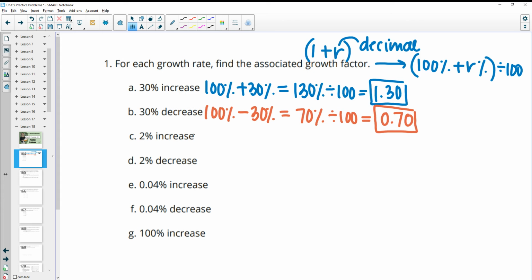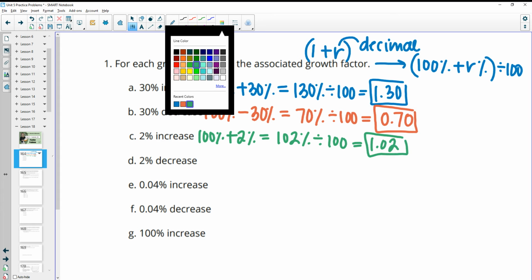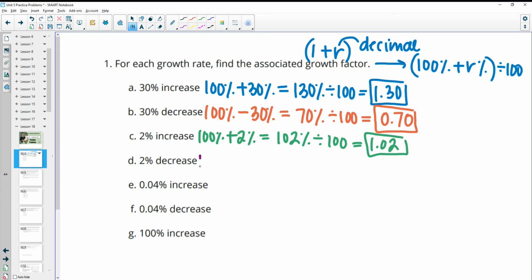So then a 2% increase, so that's going to be up 2% from 100, so plus 2%. So then this is 102%, divide by 100, and we get 1.02 as the growth factor. A 2% decrease, so now we're going down 2% from 100, so we'll subtract 2%.